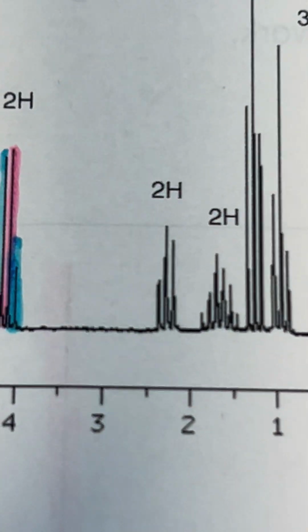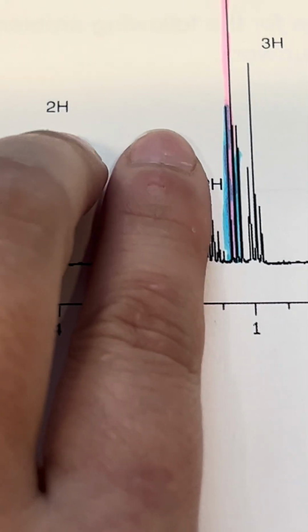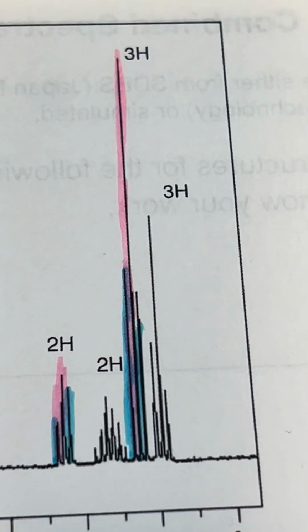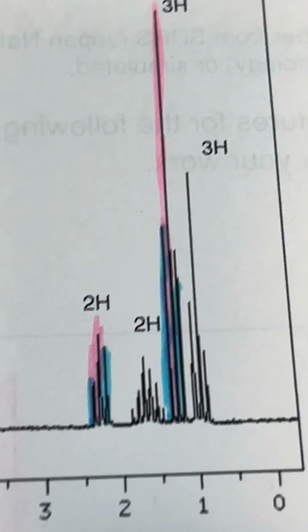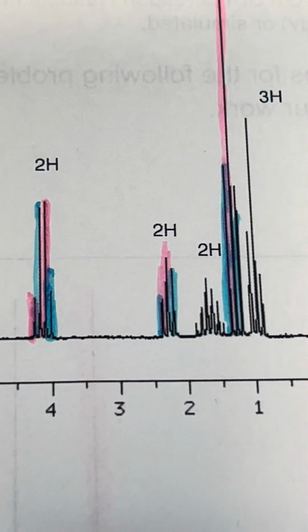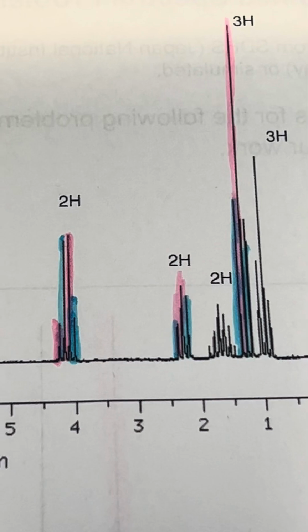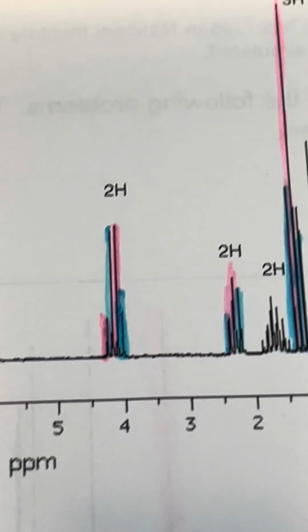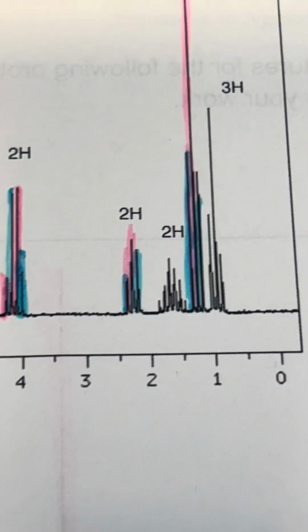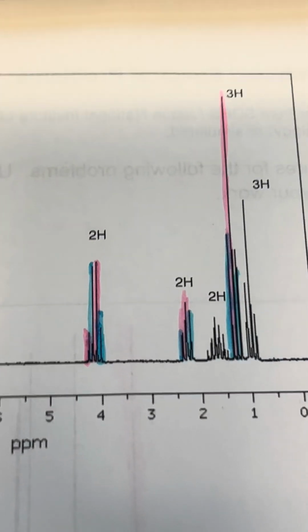Right next to it, I accidentally highlighted this one, but we're going to focus on this tall one. Right next to it is a triplet at 1.2. This is integrating for 3 H's. This is a classic trait for CH3 next to CH2, which would complete the ethyl group of an ester like we previously took into consideration.